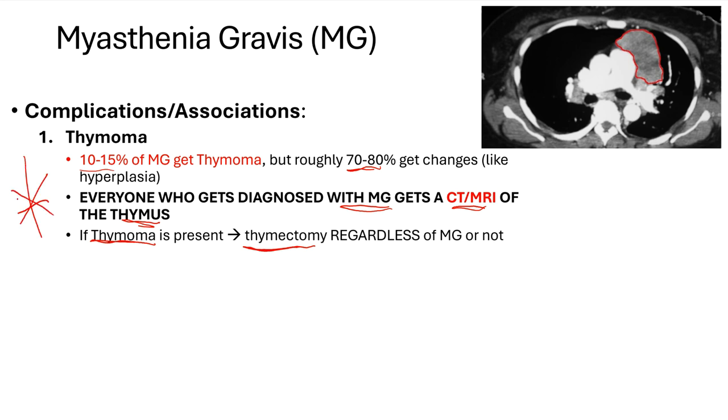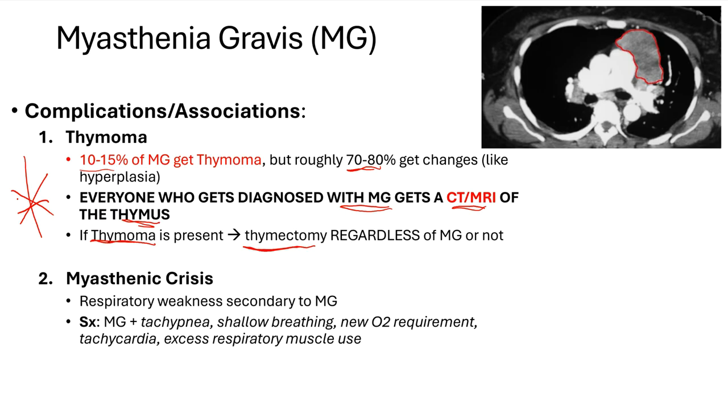The other complication that can arise is something known as myasthenic crisis. This is when you get respiratory weakness secondary to MG. Remember, this causes weakness of muscles, typically affecting the bulbar muscles and the ocular muscles, but very close to that are going to be your respiratory muscles as well, your scalenes, your trapezius, your intercostals, all those which help you to breathe.